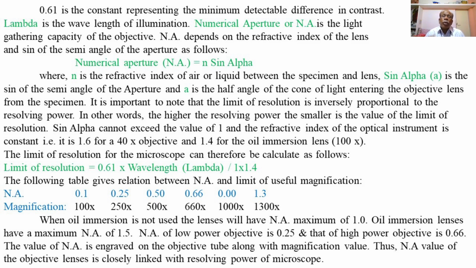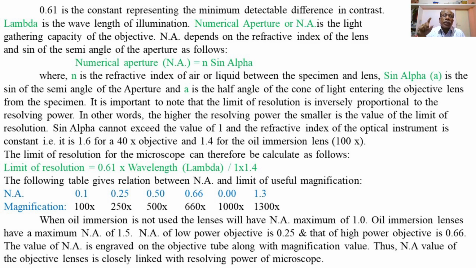The numerical aperture of a low power objective is 0.25, and that of a high power objective is 0.66.